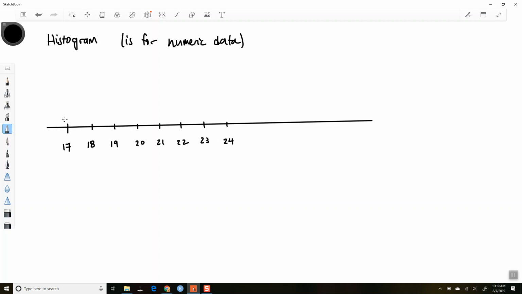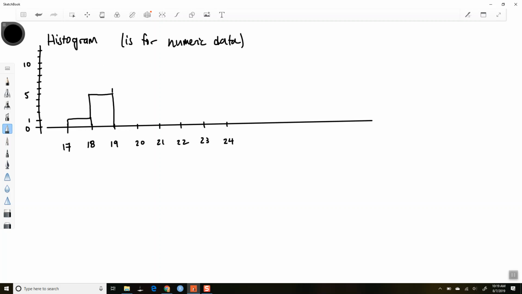Okay, so if we have one person who is 17, we would have a bar of height 1 right here, okay? And then I don't remember how many people, so we would generally have a vertical axis, 0, 1, 2, 3, 4, 5 or something, and were there 5 people who are 18 or something?